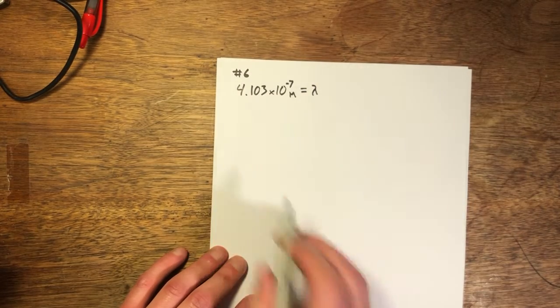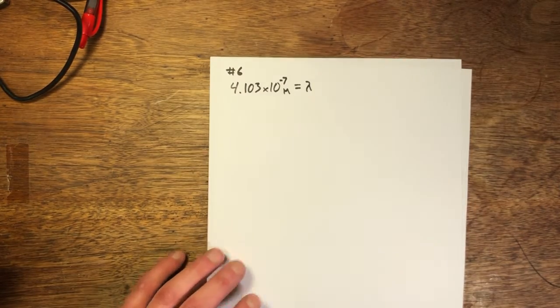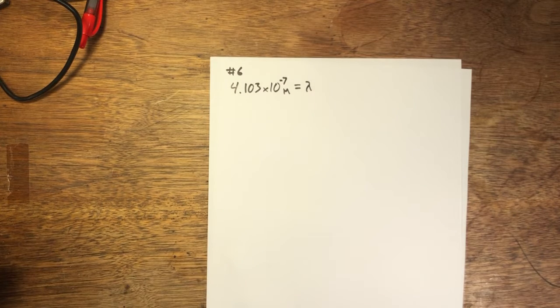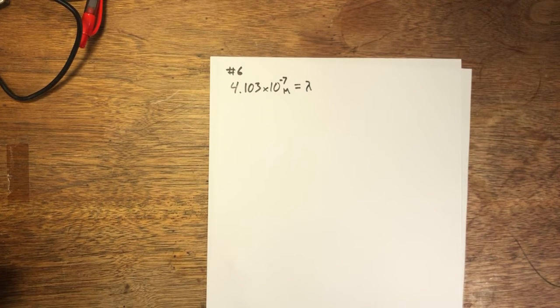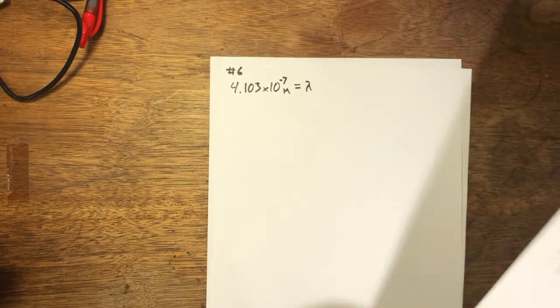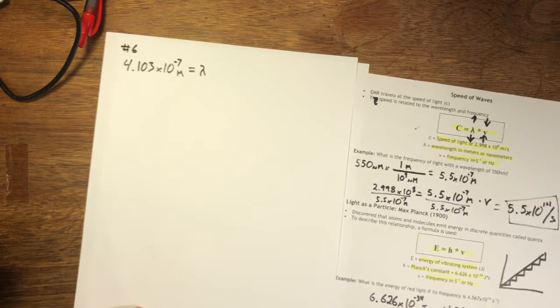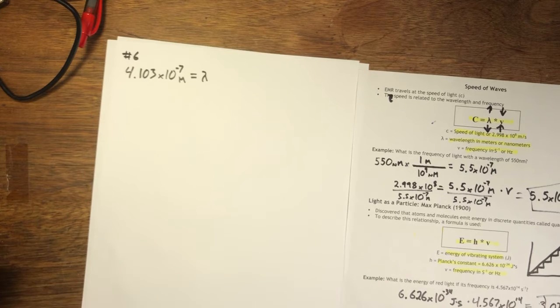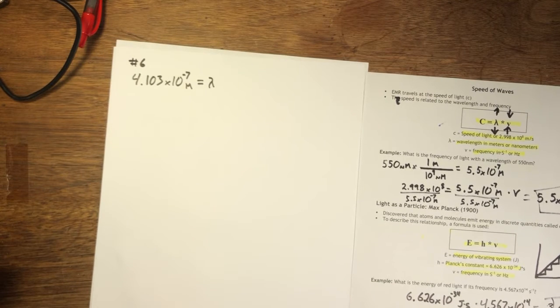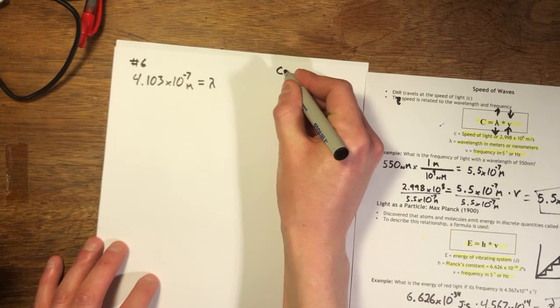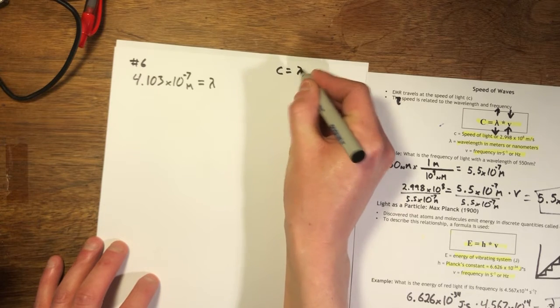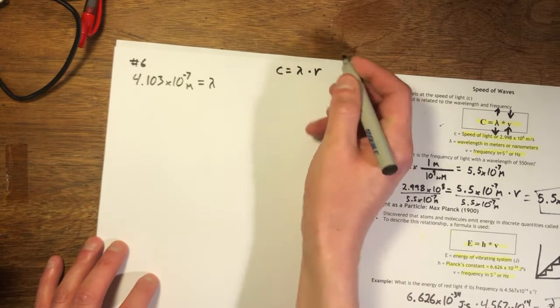All right. So remember our equation for this, let me get out our notes. Our equation for frequency if given wavelength is the speed of light equals the wavelength times the frequency.